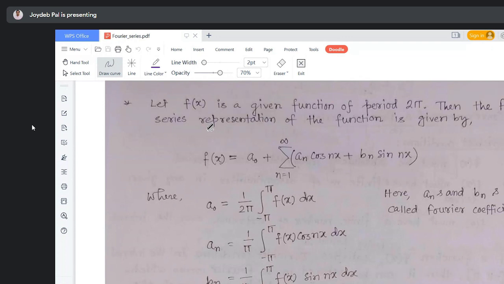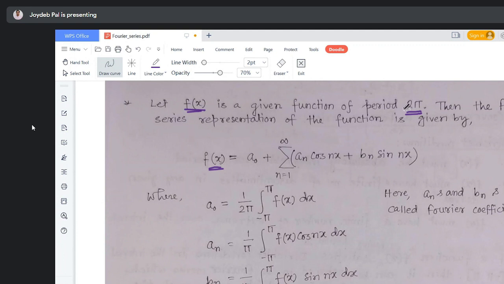But at first, we are assuming f x is a periodic function with period 2 pi. Then, what is the Fourier series representation of f x? Here two things are important, the function and its period. The series is written according to the period.